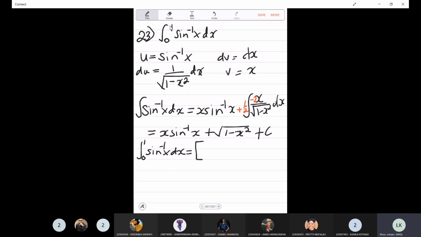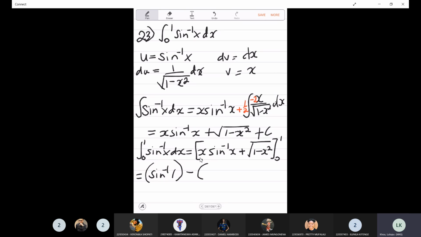This is x sine inverse of x plus square root of 1 minus x squared from 0 to 1. So substituting, we have 1 sine inverse of 1, so this is sine inverse of 1 plus the square root of 1 minus 1 squared. This is 0. So this is our first term.